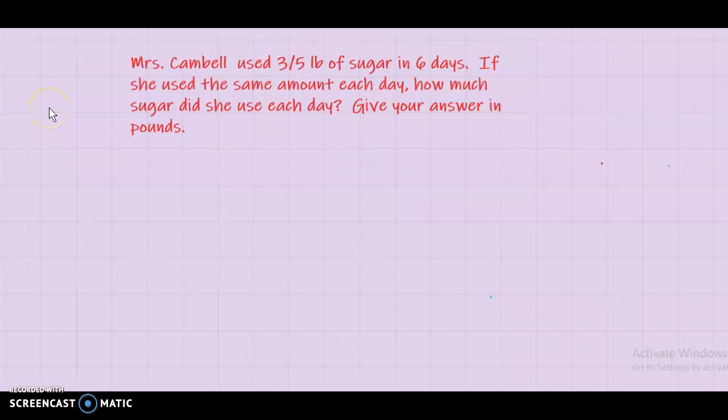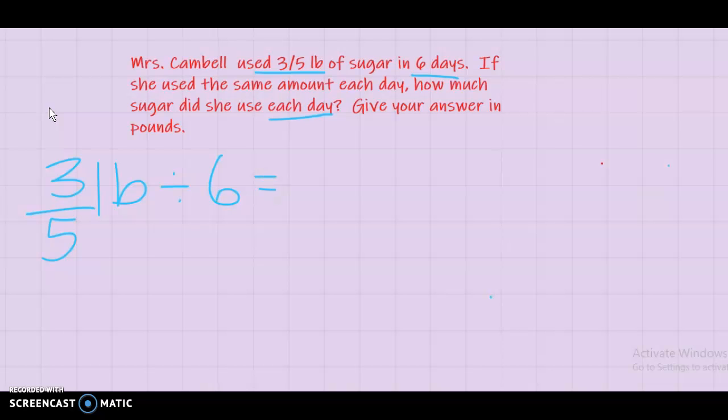Mrs. Campbell used 3/5 pound of sugar in 6 days. If she used the same amount each day, how much sugar did she use each day? Give your answer in pounds. I'm going to underline that's how much sugar she had in 6 days. So 3/5 pound of sugar needs to be spread out over 6 days.